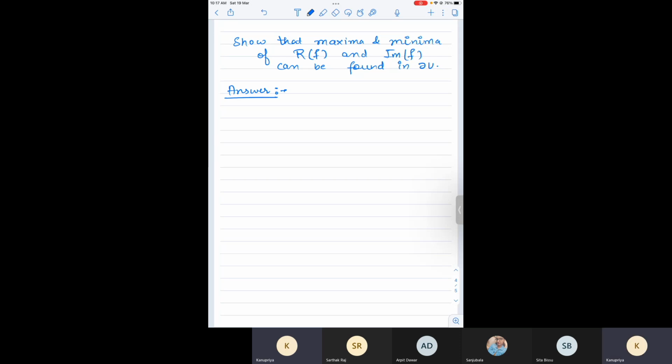Because we know this fact that the maximum of modulus of e raised to the power f(z), or the minimum, is equal to the maximum of e raised to the power of the real part of f(z). You can verify it using f(z) is u plus iota v. Now we let g of z be e raised to the power f of z.